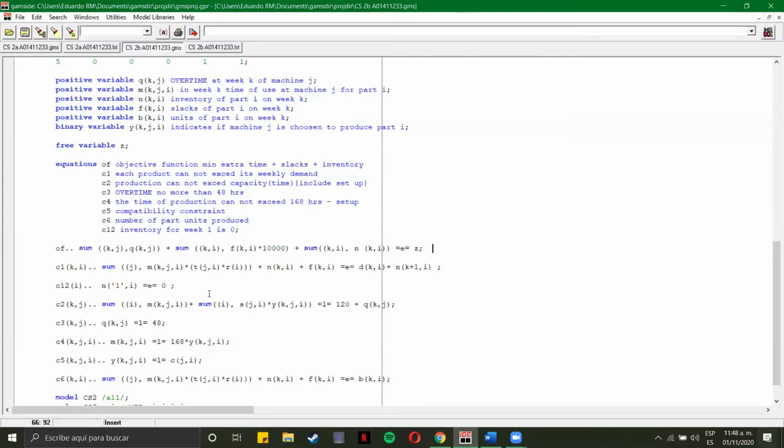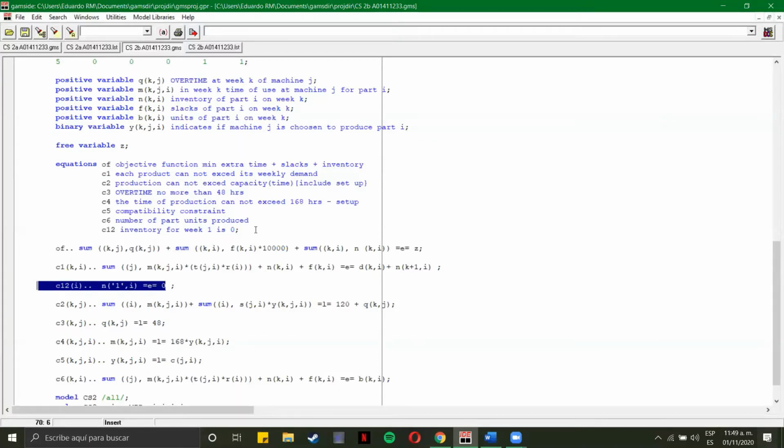Then on the next one, we have the constraint of the production, and now we will also add to the units produced and the slacks, we will also add the inventory, and this will be equal to the demand for that part at that week, plus the inventory for that part on the next week.